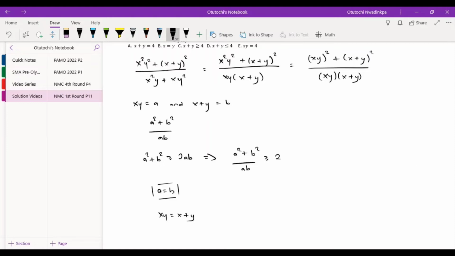If we try to express y as a function of x, we get xy minus x equal to x. So this implies that xy minus y is equal to x, so y times (x minus 1) is equal to x, which implies that y is equal to x over x minus 1.